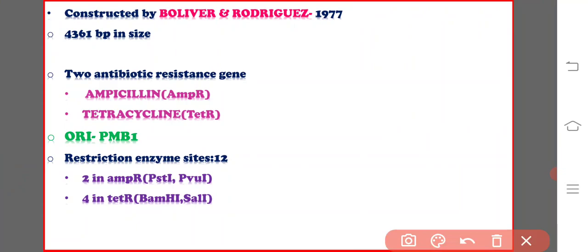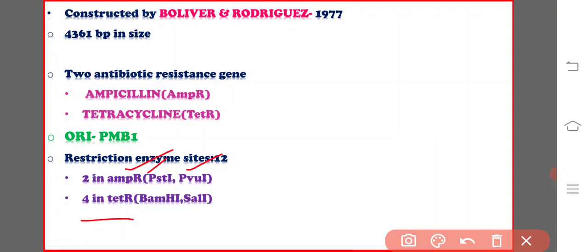There are 12 restriction enzyme sites. See here, there are two restriction sites in the ampicillin R gene region: PstI, that is Providencia stuartii, and PvuI, that is Proteus vulgaris. And there are 4 restriction enzyme sites in the tetracycline resistance gene region.